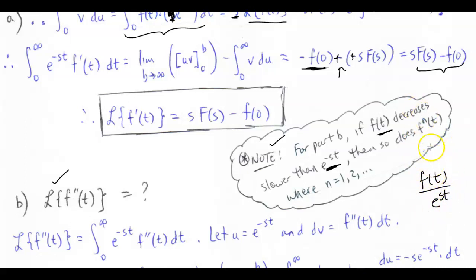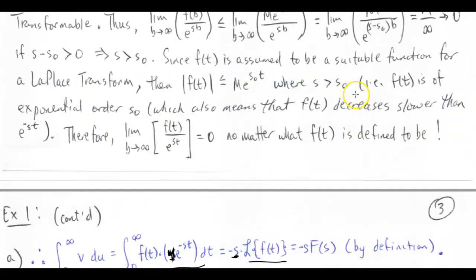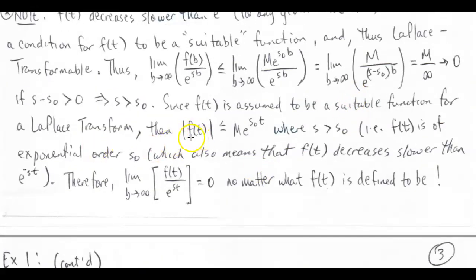So if it does that, then of course any order derivative, so the first derivative, second derivative, third derivative, fourth derivative, we know that all of its derivatives are going to also grow slower than this function as well. We know that because, if I go back to all the mumbo jumbo that I had here, whatever f of t is, it can't be more than this function here.